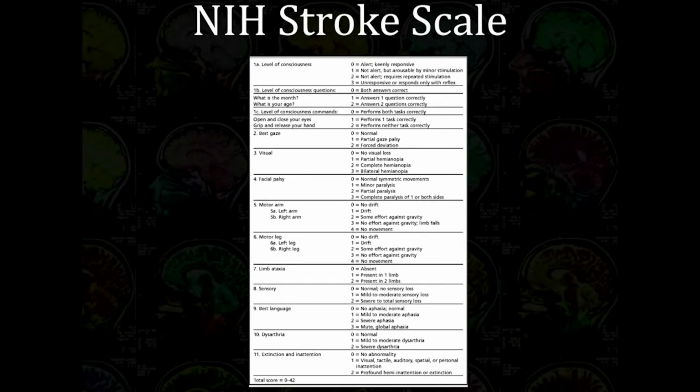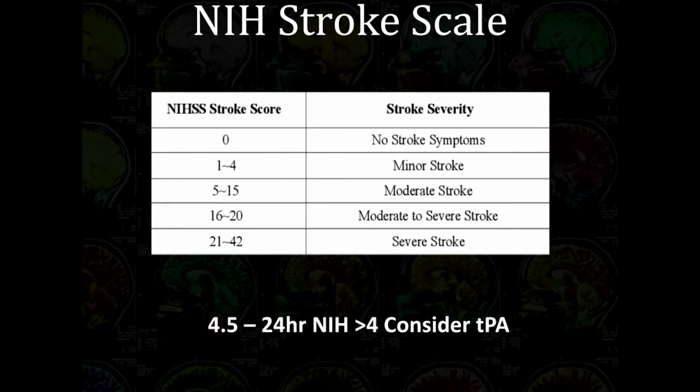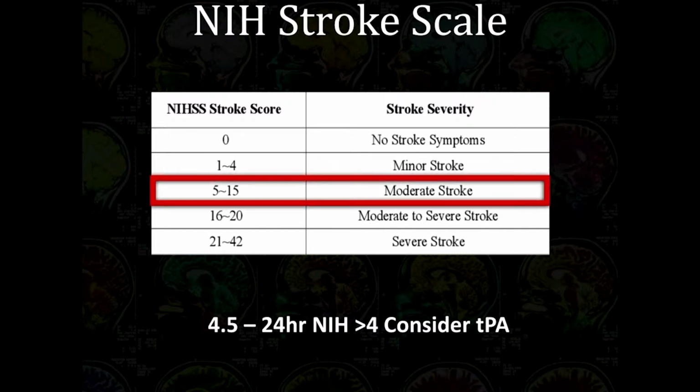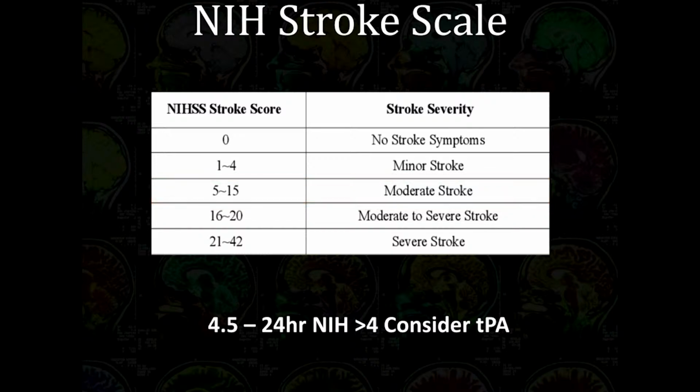So how do we evaluate the NIH Stroke Scale from a treatment standpoint? Anytime you have an NIH scale greater than 4, it is considered a moderate stroke. These patients, if they're within a window of 4.5 to 24 hours, you can still consider TPA. And so that's why it's always important from a pre-hospital or emergency room standpoint to identify when the patient last was normal.